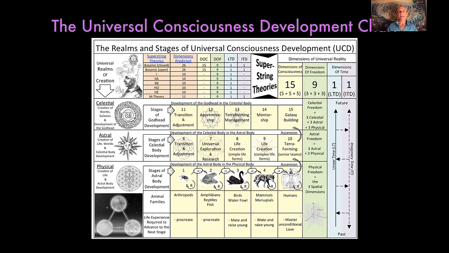hypothesis that they come from this chart, that the bosonic closed and open include in the mathematics something that happens to incorporate consciousness. Somehow they did it through pure math. And I leave that for you to discover.